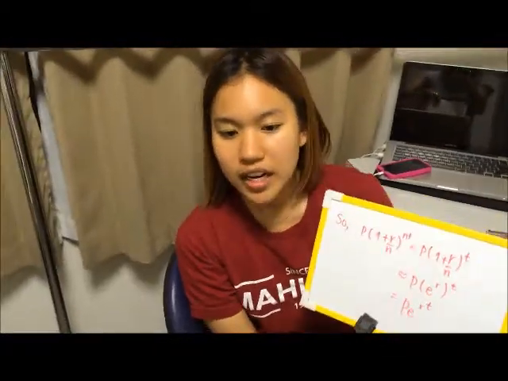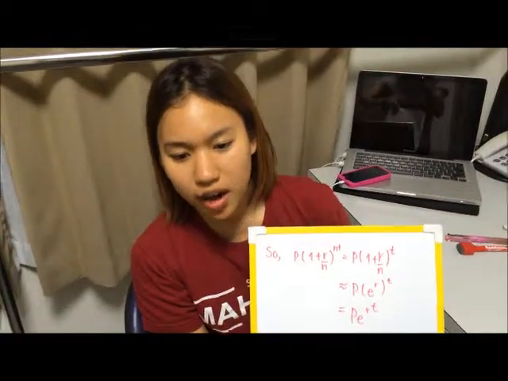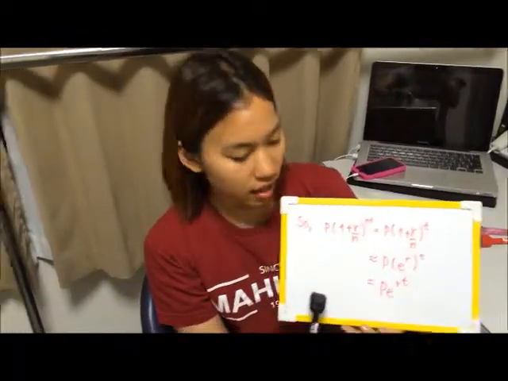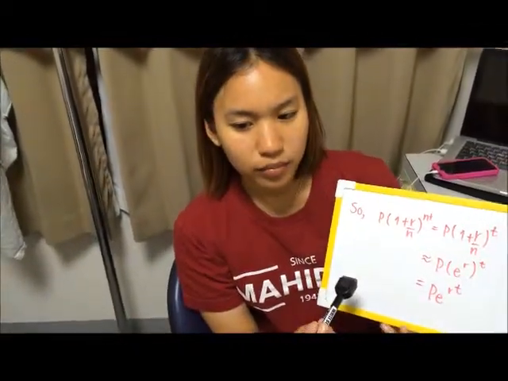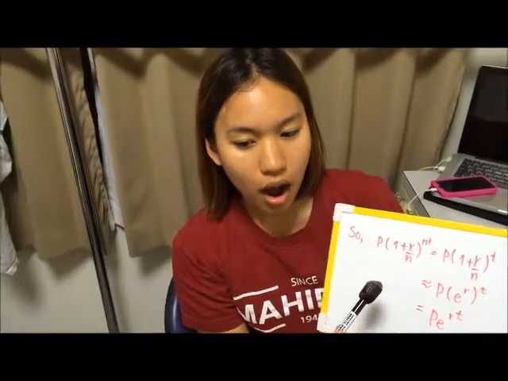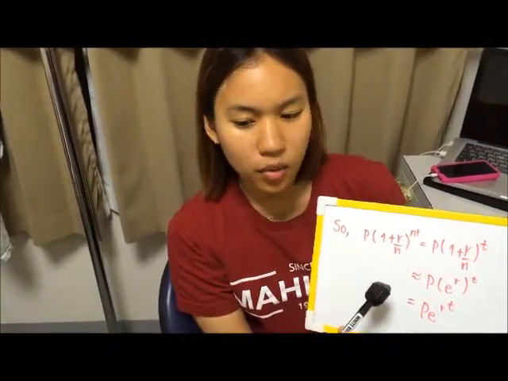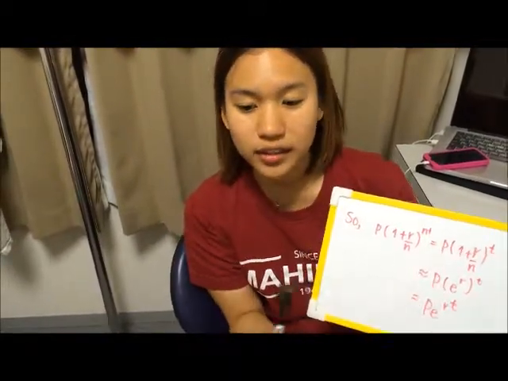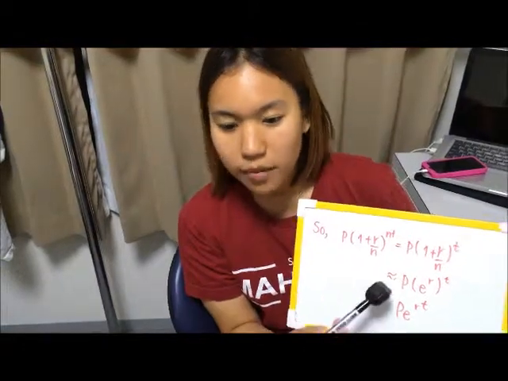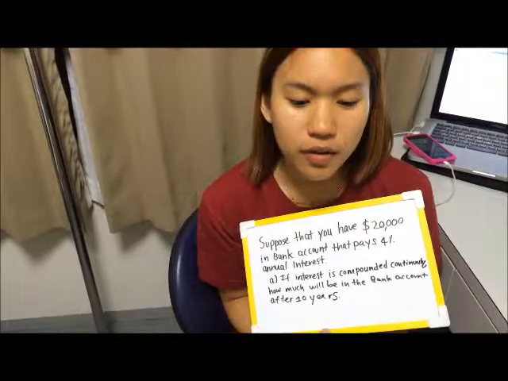In other words, if interest is compounded many times per year at annual interest rate R, then after T years an initial amount P grows to approximately P e^(RT). So basically, P times e^(RT) is the amount that we would have if interest were compounded continuously.